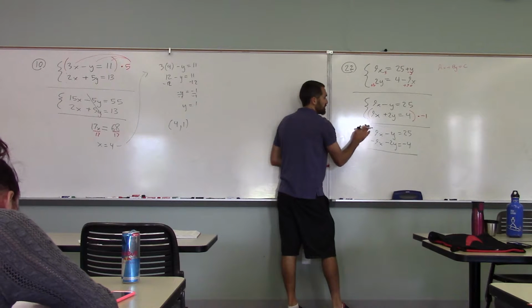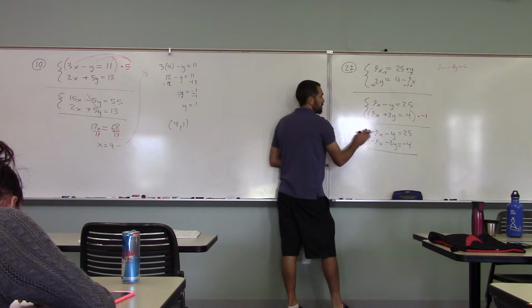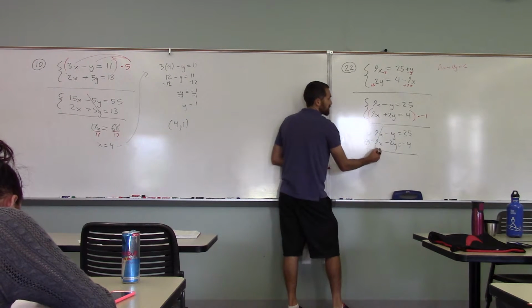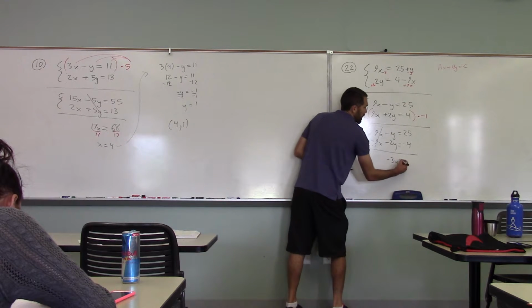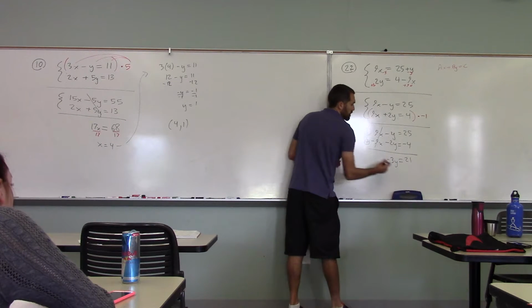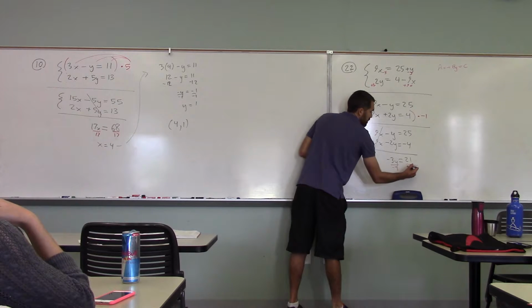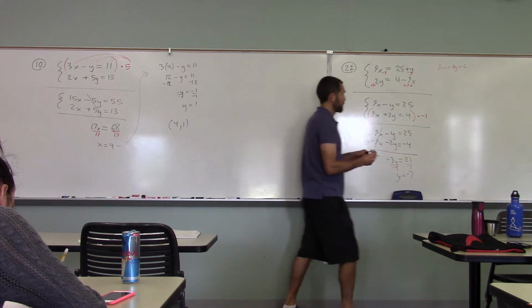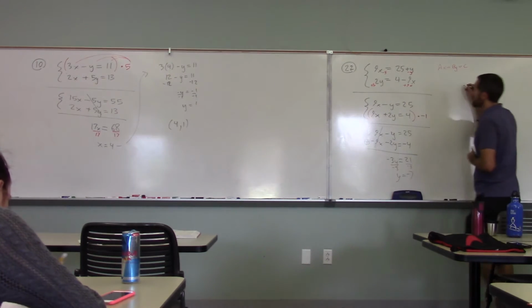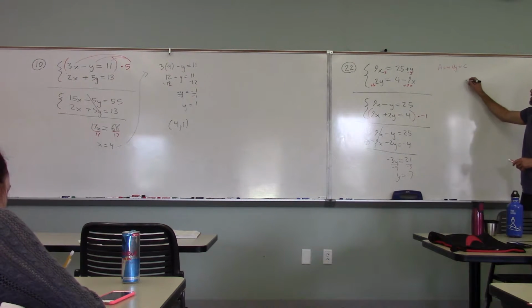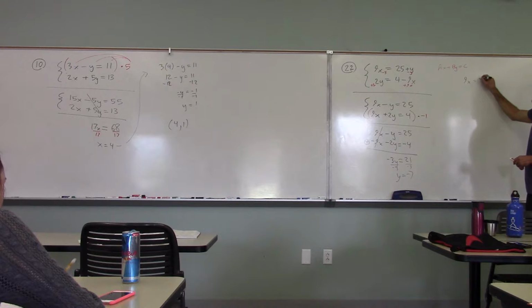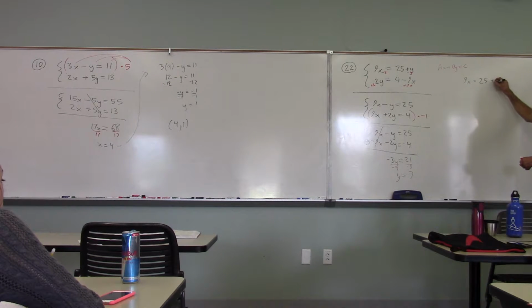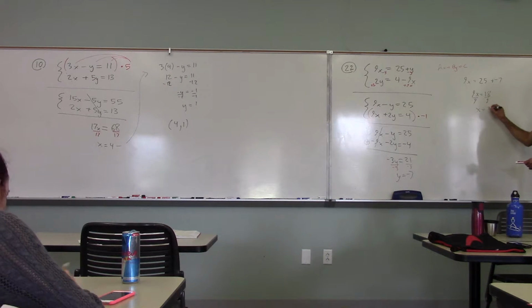So adding these together, these cancel, -3y equals 21, divide by -3, y equals -7. We just plug it back in anywhere. Okay, I'll plug it into the first one: 9x equals 25 plus -7, 9x equals 18, divide by 9, x equals 2.